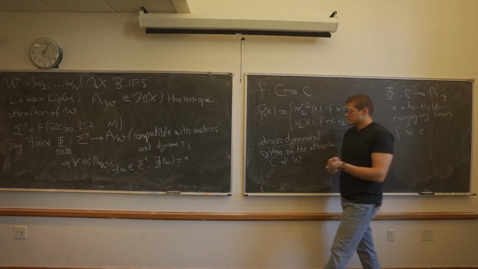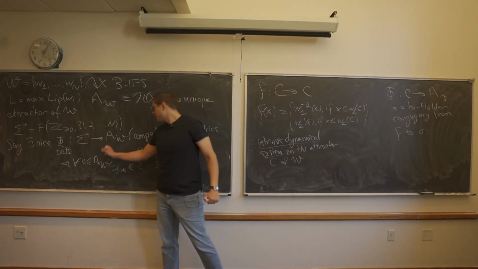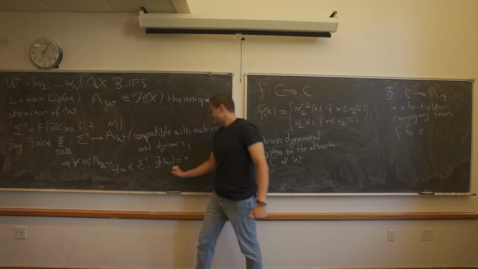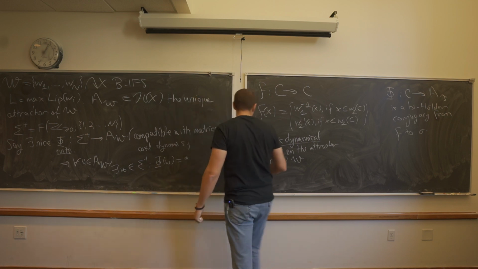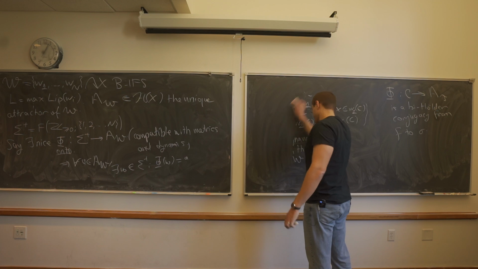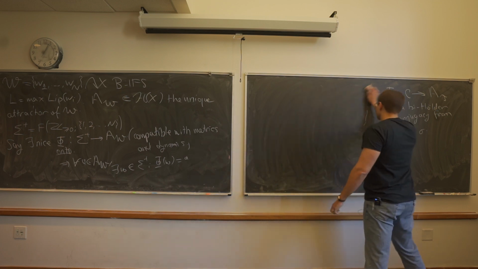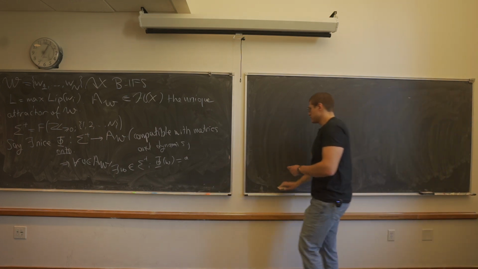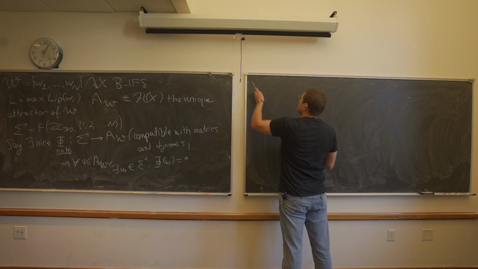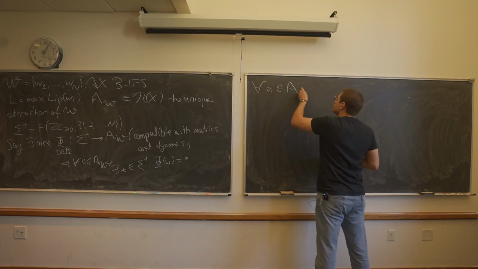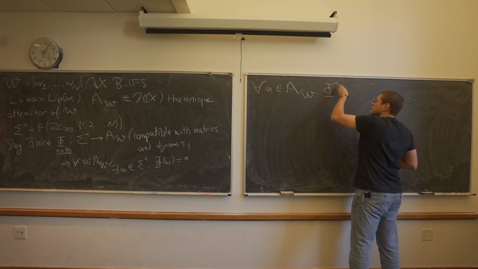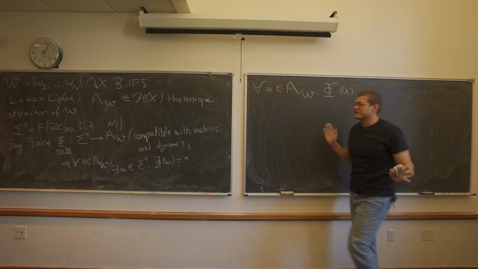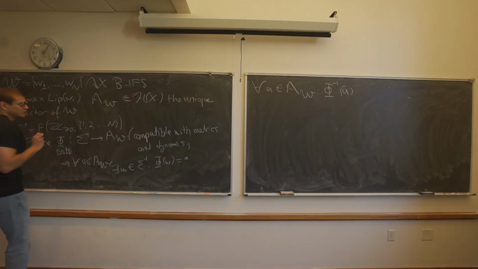In this case, for any A in the attractor, any sequence that is sent to A is going to be called an address for A. So the pre-image of A. At this point, I'm not saying that phi is invertible necessarily, but at the very least, it should be onto.